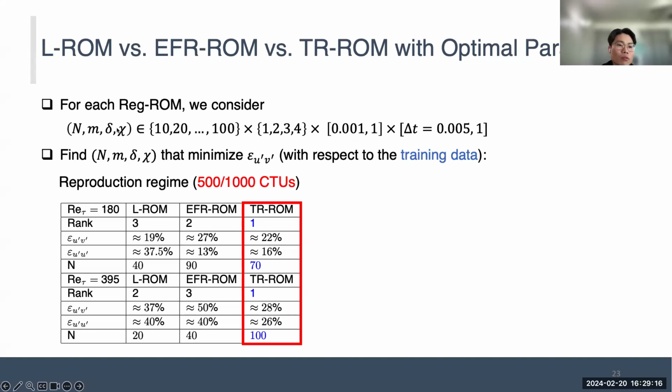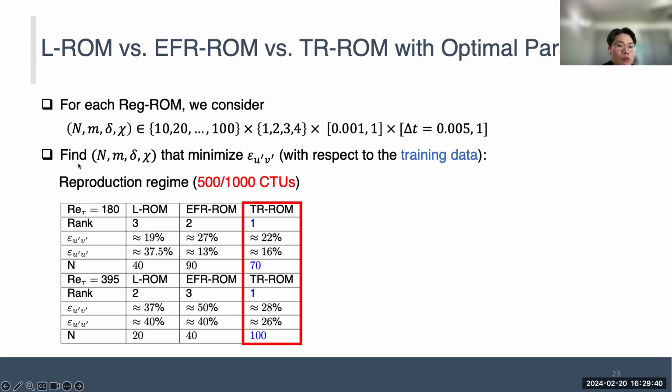For the relaxation parameter, we start from delta t, because that's the typical value used in the forward model for EFR, and the upper bound is 1. Then for each n, we find the optimal parameter that minimizes the error, but now with respect to the training data.